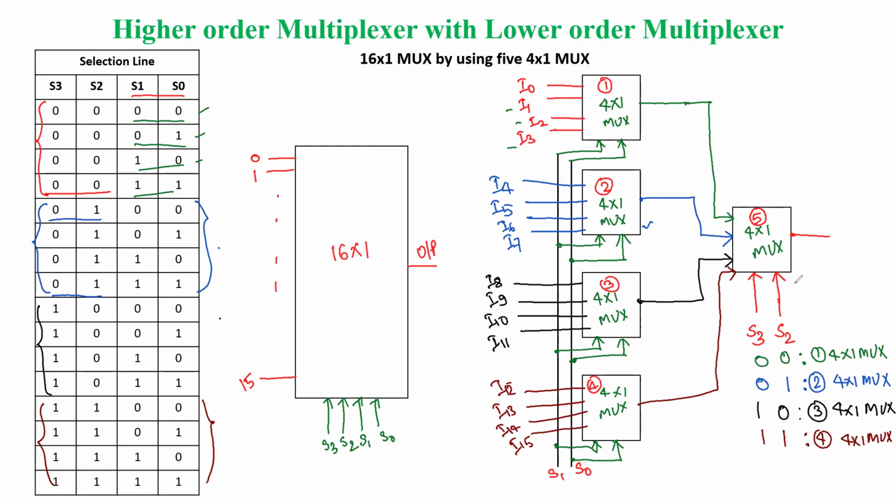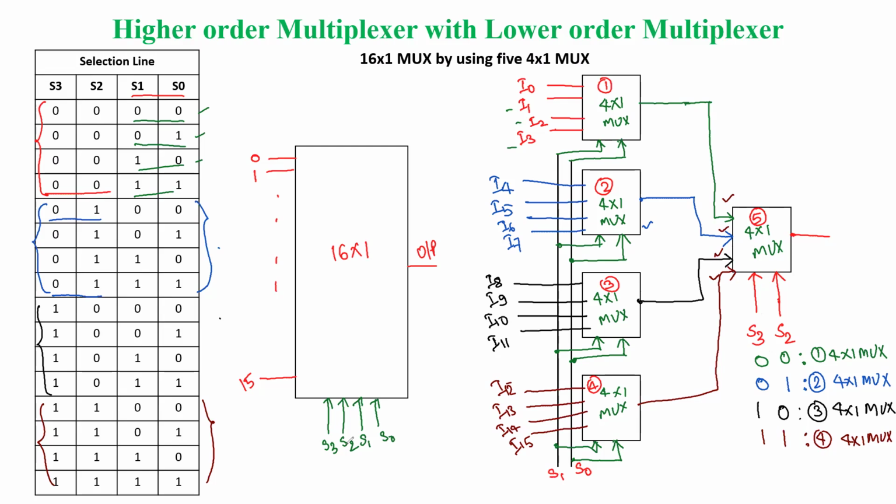Whenever we have 0, 0, you know it will pop out the input here. When we have S2, S3 as 0, 1, it will take from here, 1, 0 from here, and 1, 1 from this point. So like this, we are able to implement a 16x1 multiplexer by using 4x1 multiplexers.